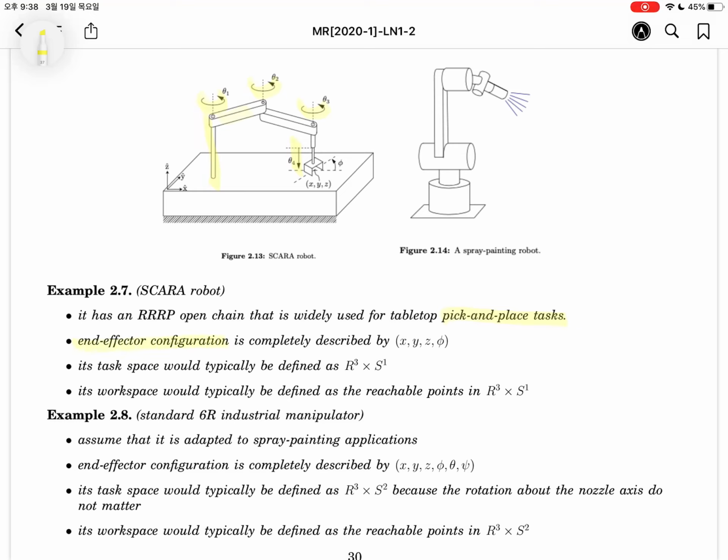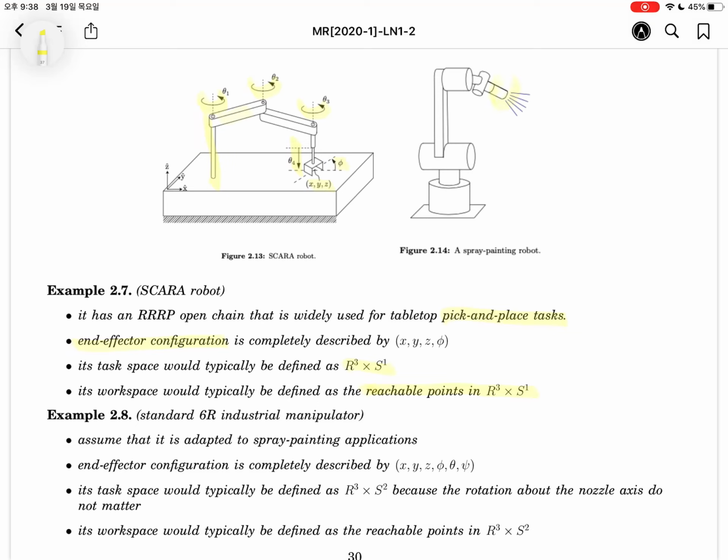Each end effector configuration is completely specified by XYZ and theta. It means R3 times S1. The workspace is also the reachable points in R3 times S1.